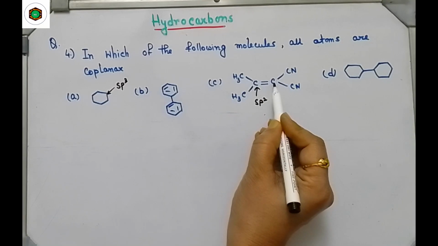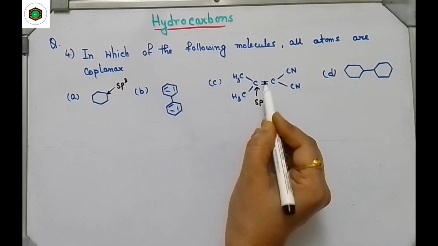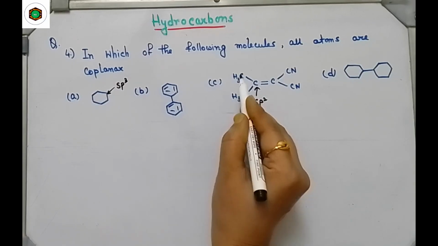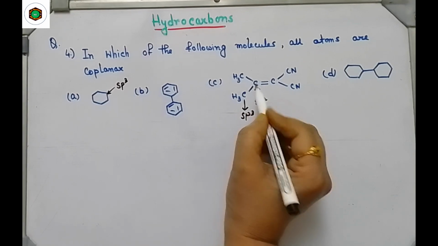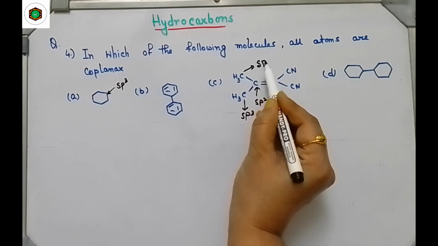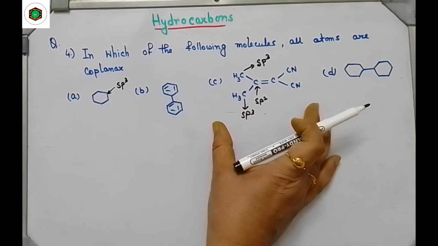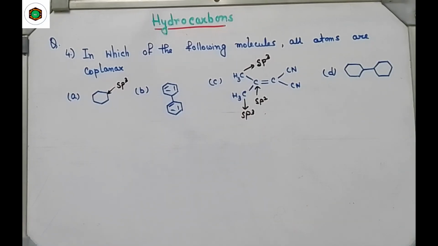This carbon is also sp2. Why is this carbon sp2? This carbon has 3 sigma bonds and 1 pi bond. This carbon has 4 sigma bonds. This carbon, this carbon, these carbons are sp3 hybridized. sp2 hybridization means trigonal planar. So this molecule does not have coplanarity because some carbons are also sp3 hybridized.